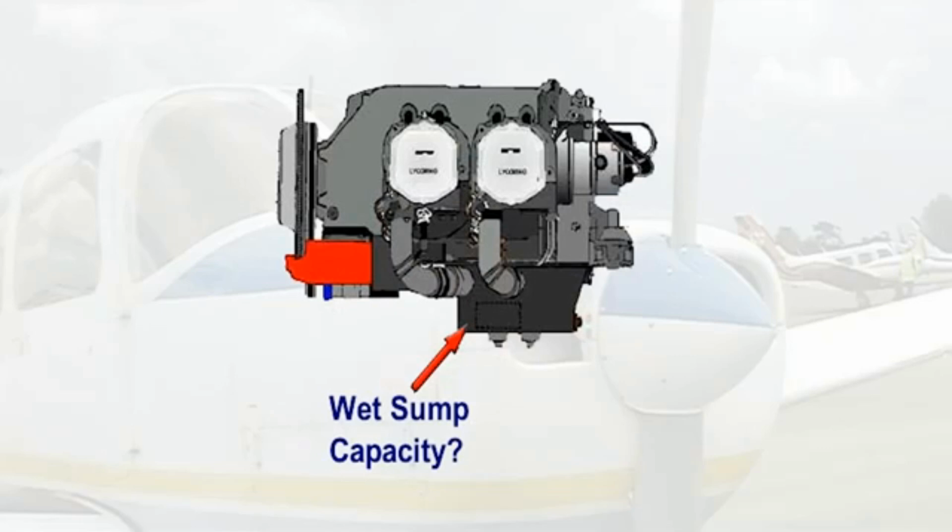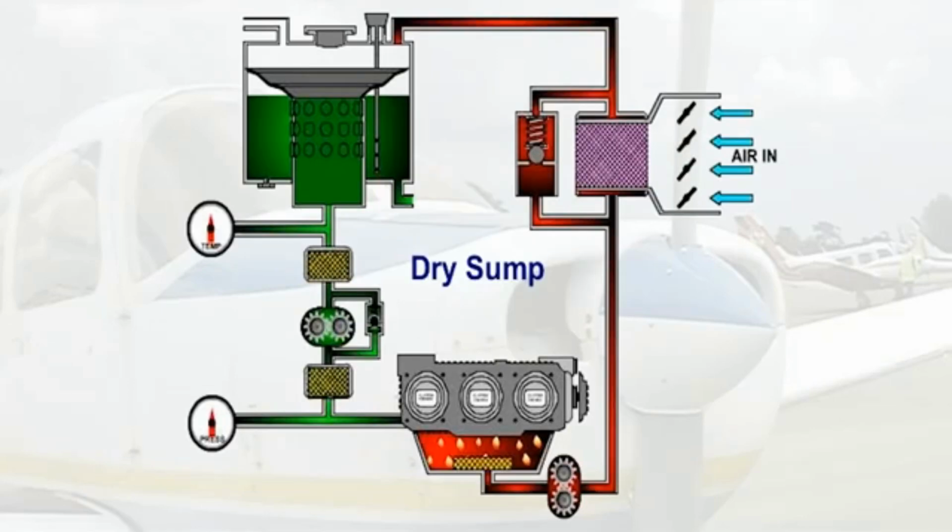Finally, the amount of oil available is limited by the sump capacity. The dry sump system overcomes all of these problems by storing the oil in a remotely mounted tank.